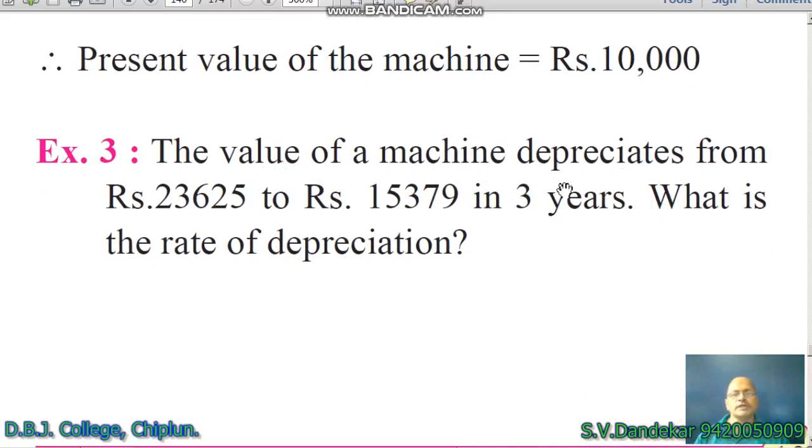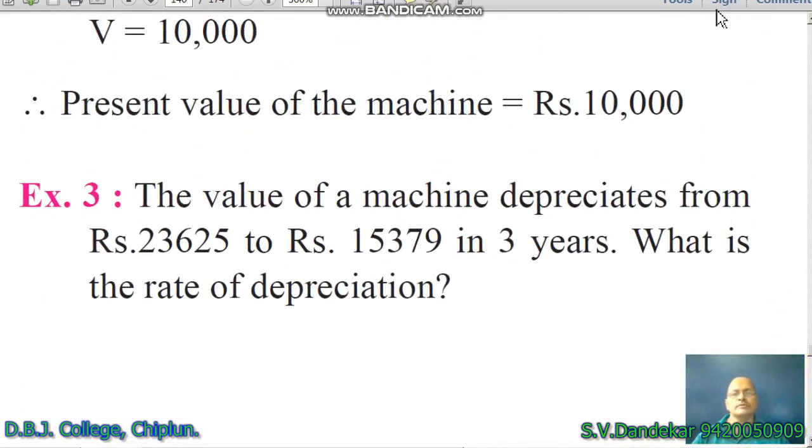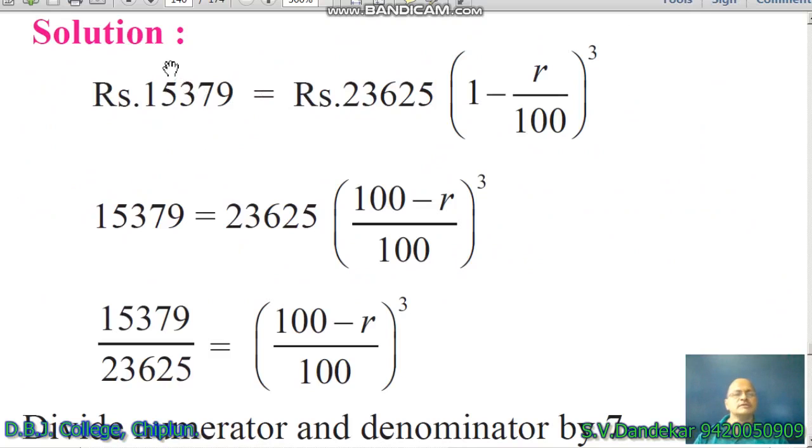The value of a machine depreciates from 23,625 to 15,379 in 3 years. What is the rate of depreciation? Now in this formula R is not given, remaining values are given to you. The formula is present value is equal to V into (1 minus R by 100) raised to N. Present value is known, V is known and R is unknown, N is known.